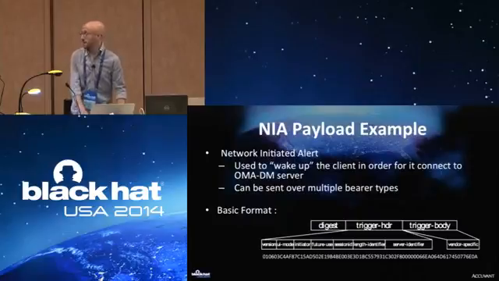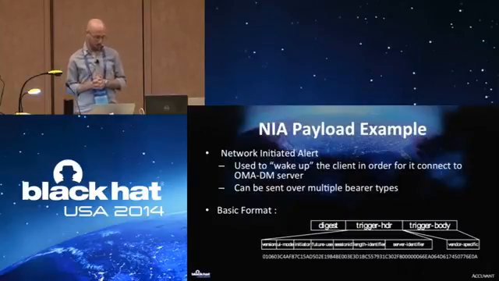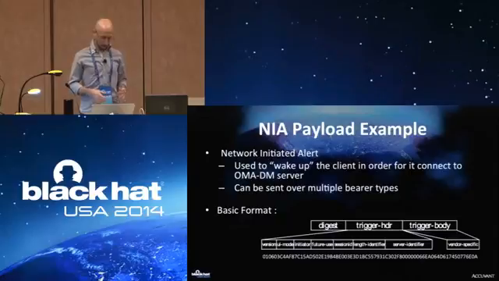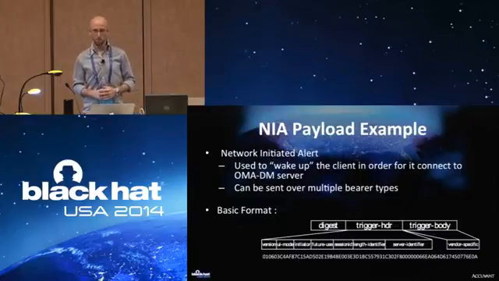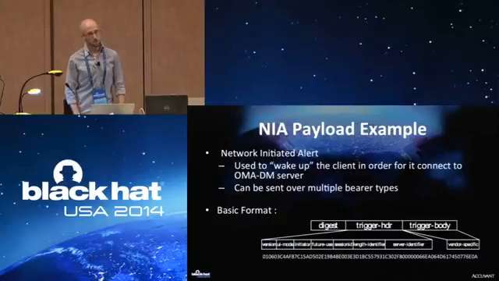So here is an example of what an NIA payload looks like. More or less, it's just broken up into different PDU chunks. We have version, UI mode. UI mode is kind of interesting. In UI mode, that's where you define if you alert the user to its presence. There are 3 different configuration settings, and one is alert user, another is completely quiet.